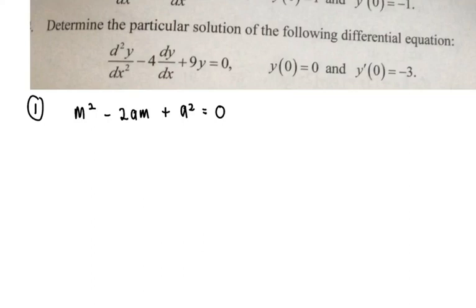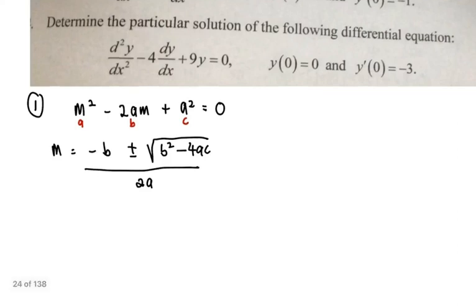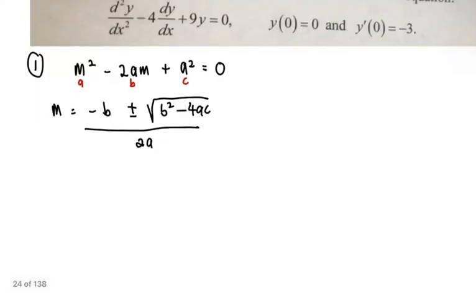So m equals minus b plus minus square root of b squared minus 4ac, divided by 2a. So here we have the coefficient a, the coefficient b, and the coefficient c.